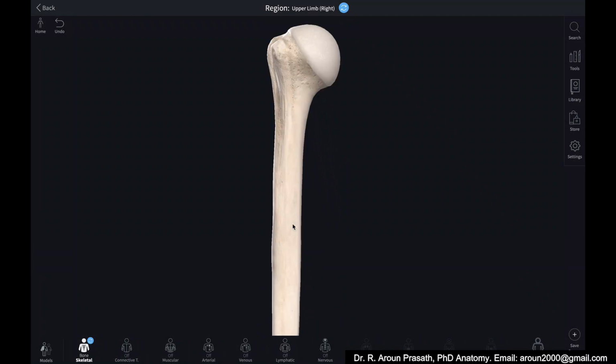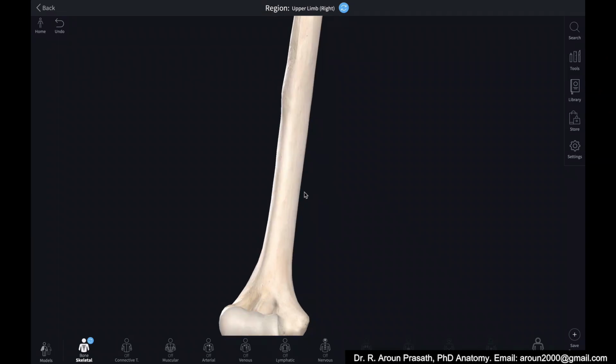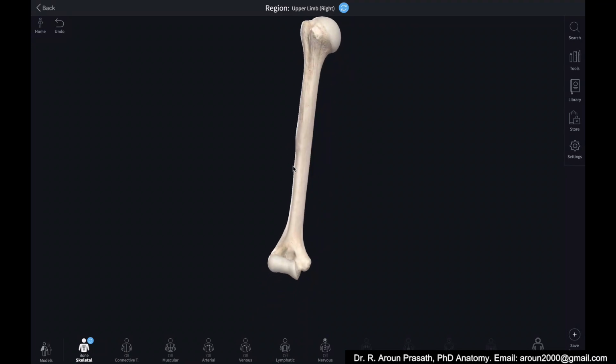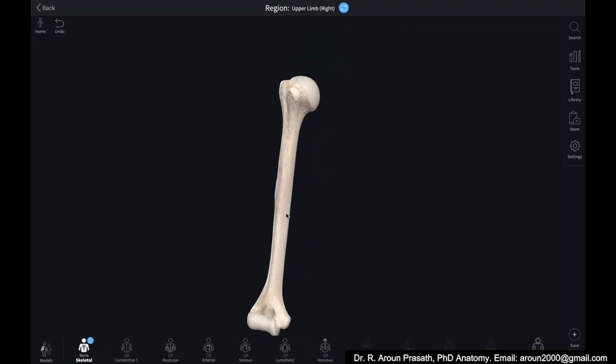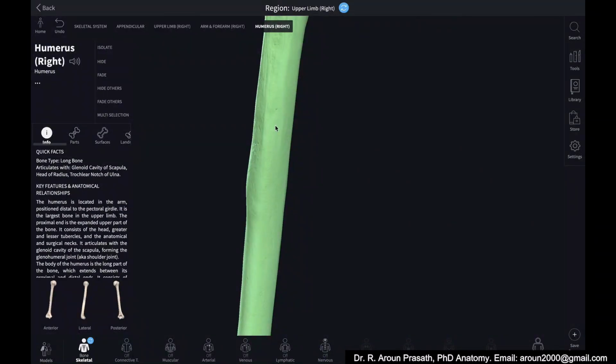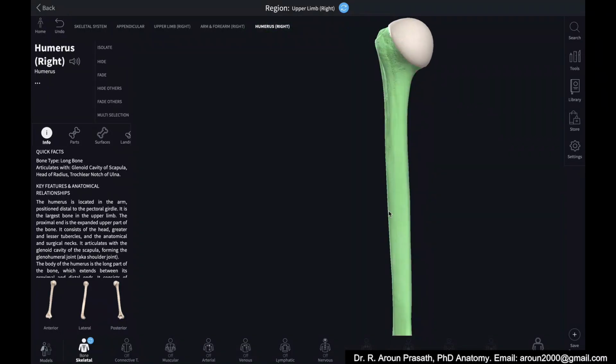Then coming to the shaft of the humerus, as I told you, the shaft has three surfaces: the medial surface, the lateral surface and the posterior surface.